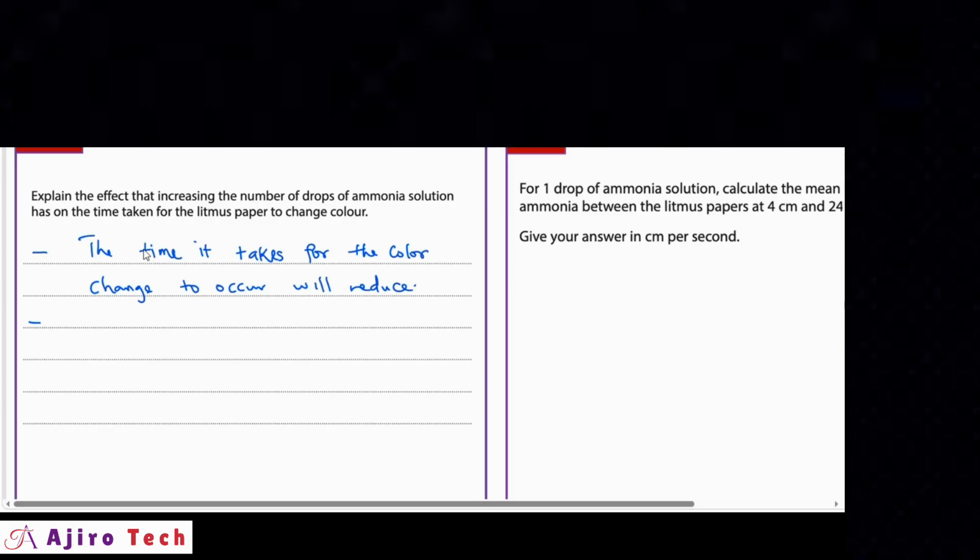Yes, of course, an increase in concentration leads to an increase in the rate. And when we have fewer drops, say that the molecules diffuse slower.